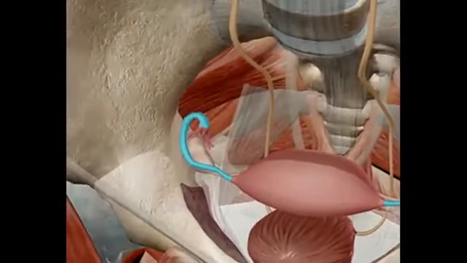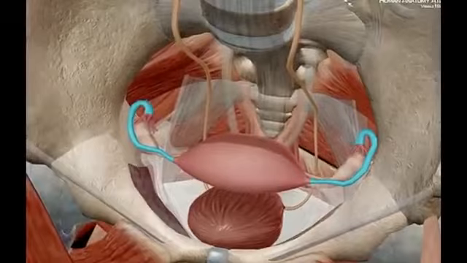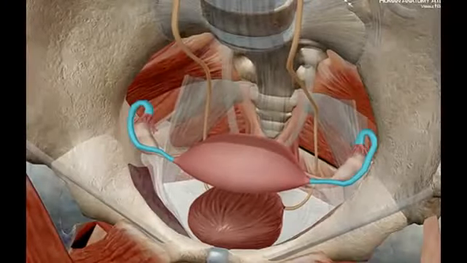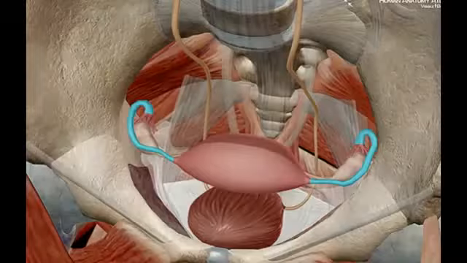Next slide, this is the reproductive system of the female. This is the point of view from above the pelvic area. As you see again, this is like a core: pelvic bones, muscles, womb, and behind the womb, the bladder.